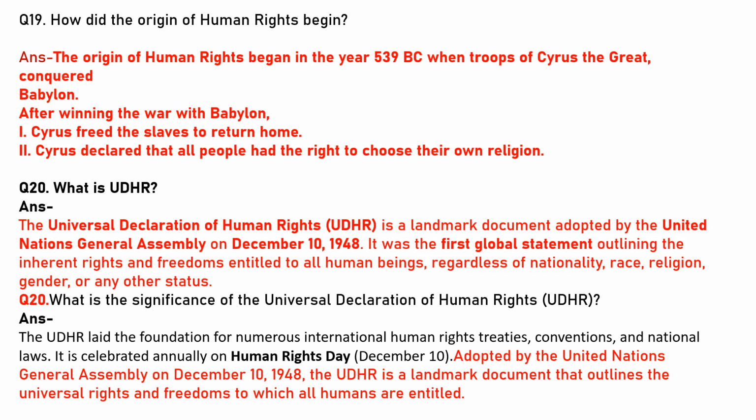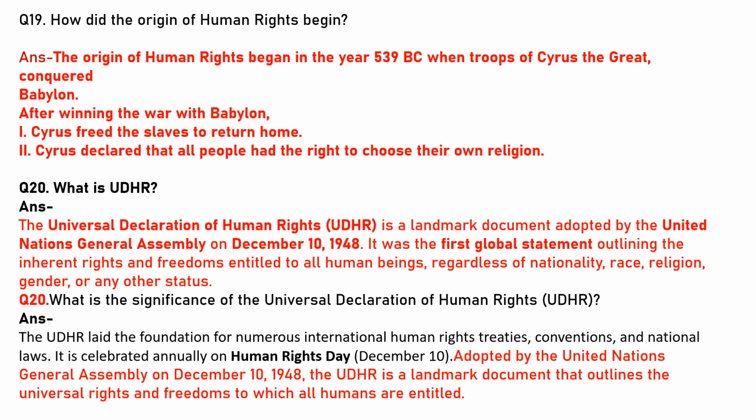What is UDHR? The Universal Declaration of Human Rights is a landmark document adopted by the United Nations General Assembly on December 10, 1948. It was the first global statement outlining the inherent rights and freedoms entitled to all human beings regardless of nationality, race, religion, gender or any other status. What is the significance of the Universal Declaration of Human Rights?